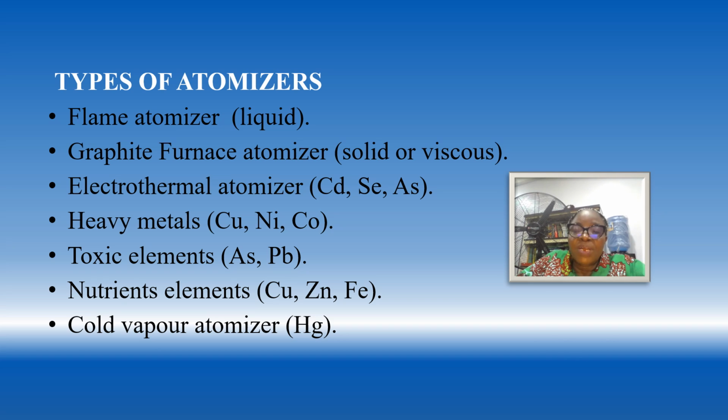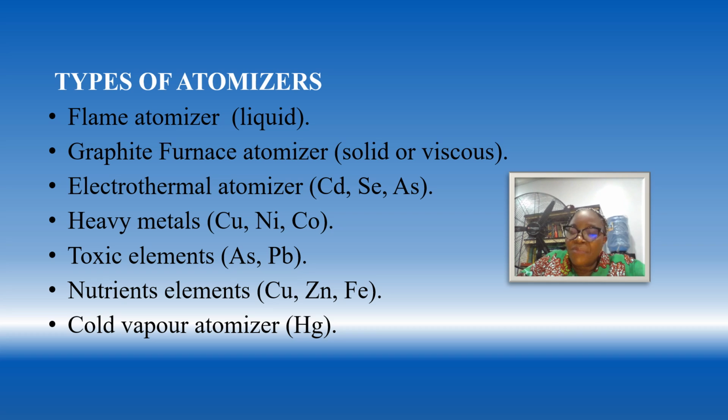What are the types of atomizers? We have the flame atomizer, which uses flame to heat the sample, usually for liquid samples. We have the graphite furnace atomizer. This uses a graphite tube heated by electric current, used for solid or viscous samples. We have the electrothermal atomizers. It uses a heated filament or tube to atomize the sample, useful for trace elements like cadmium, selenium, and arsenic.